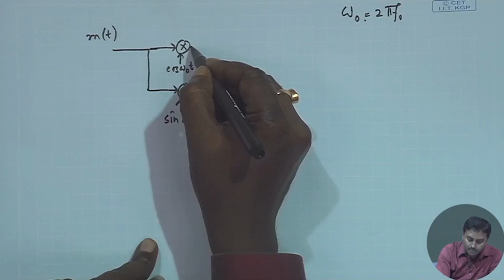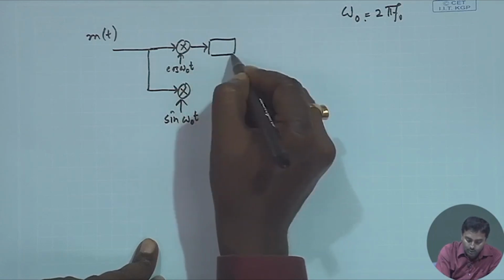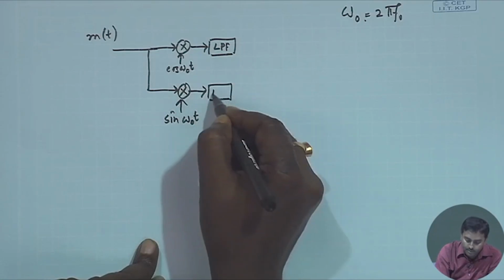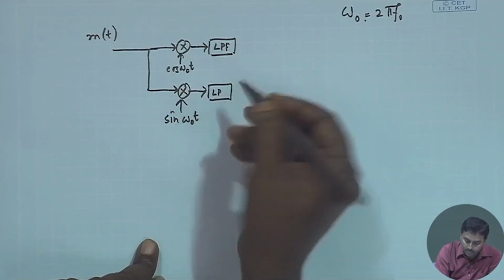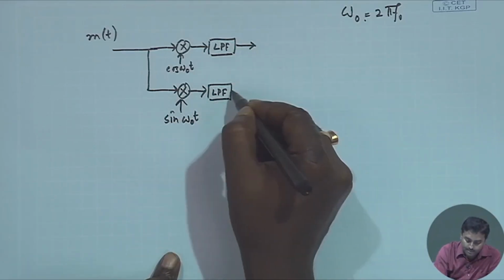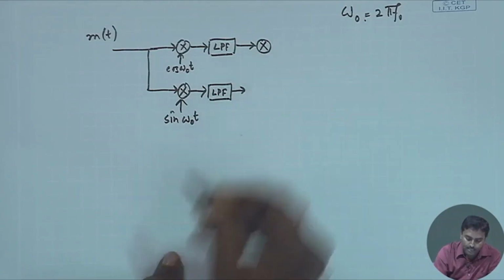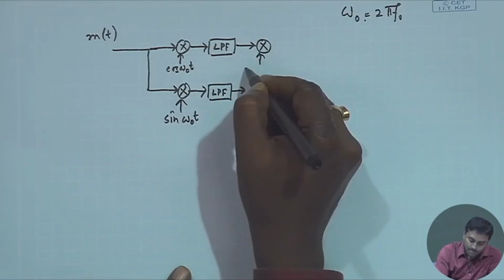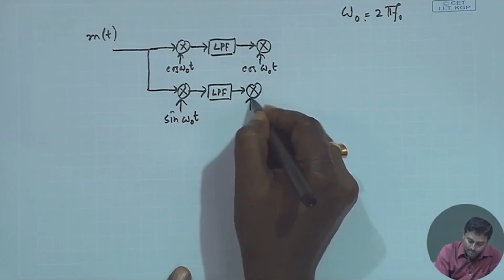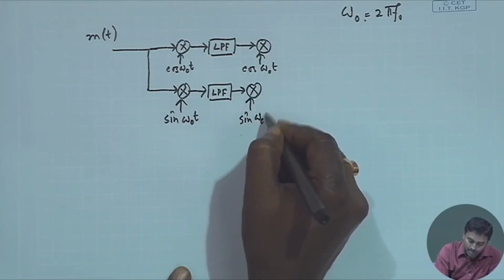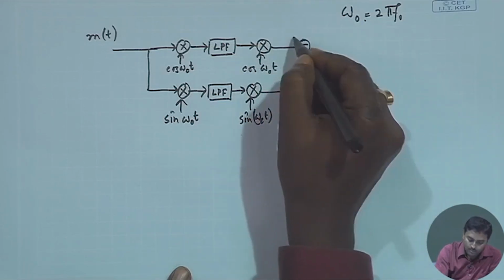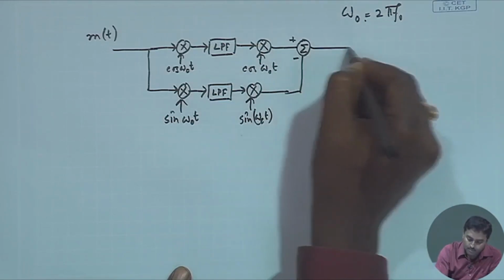After that, you put a low pass filter. I will also talk about the bandwidth, meaning the cutoff frequency, of that low pass filter. Once you have done that, you multiply with the actual carrier. So this is cos omega_c t, and this is where you multiply with sin omega_c t, and you subtract them.